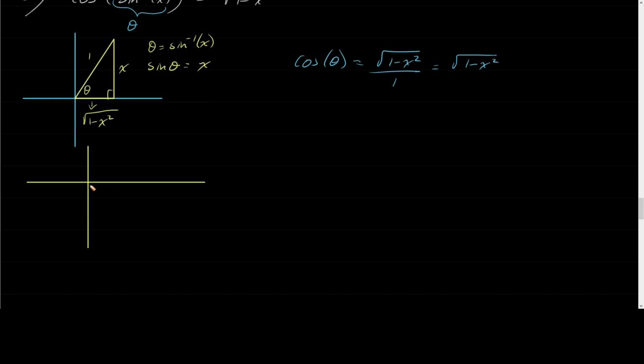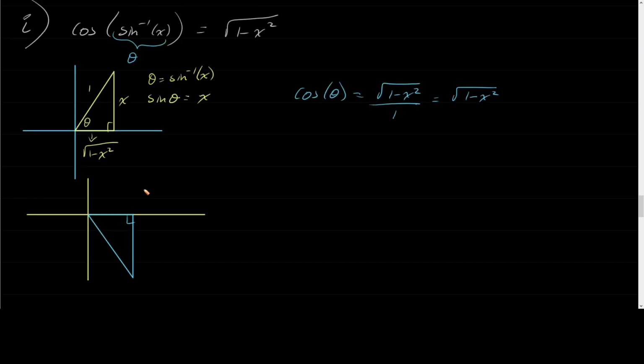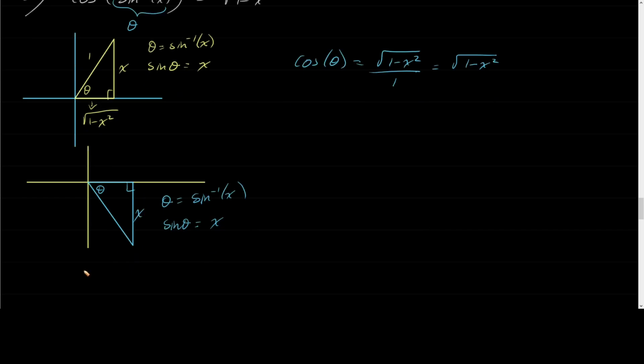So if I draw my triangle down here now, I start the same exact way, saying that theta is sine inverse of x, so that sine theta is simply x. So here's theta. This side would be x, meaning this side over here would be 1. And this side over here, by the Pythagorean theorem, is still the square root of 1 minus x squared.